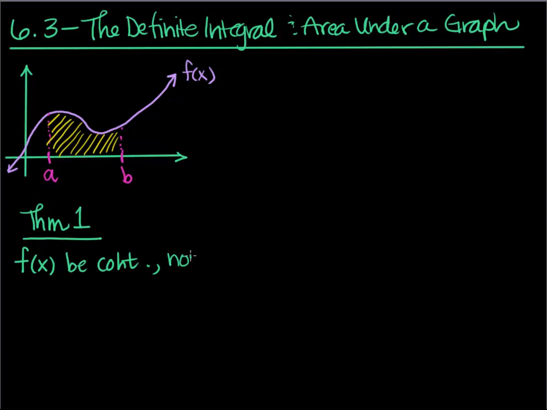Don't you wish a lot of things in life would be non-negative? Keep it positive, right? Non-negative just means positive, but it could be 0, because it could come down and grab the x-axis, and that's okay. So let f of x be continuous and non-negative when x is between a and b.